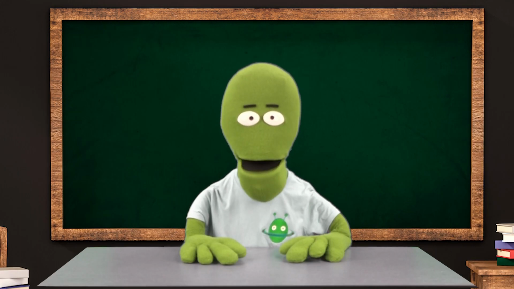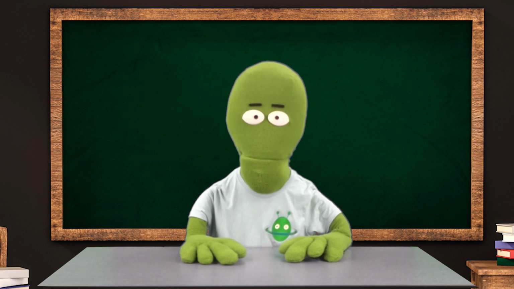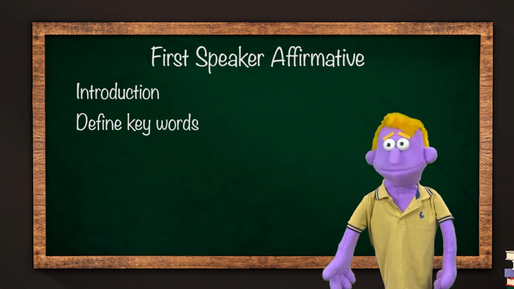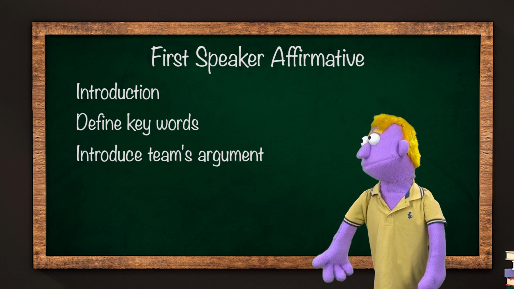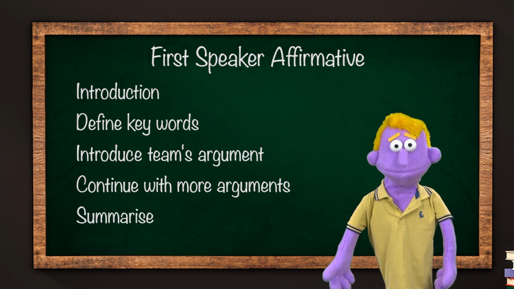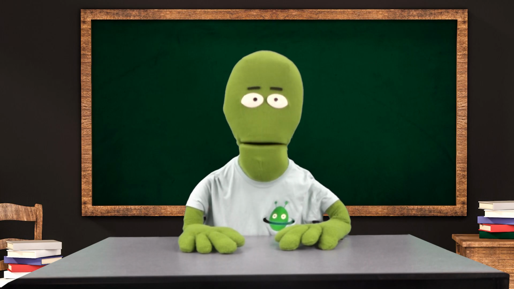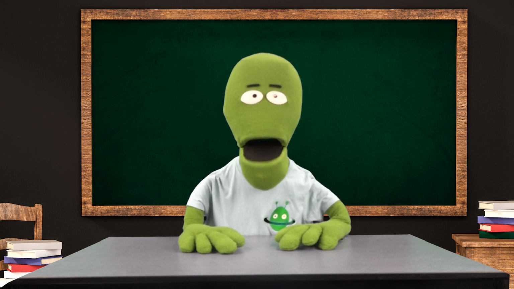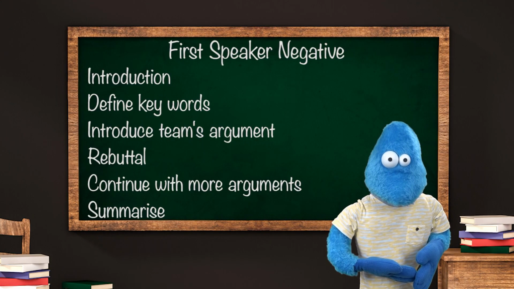An outline for the first speaker of the affirmative team's debate may look like this. Introduction. Define the key words. Introduce the team's arguments. Continue debate with more arguments. Summarize main points. The first speaker of the negative team will have a similar structure, but they will also have to rebut the first speaker of the affirmative.